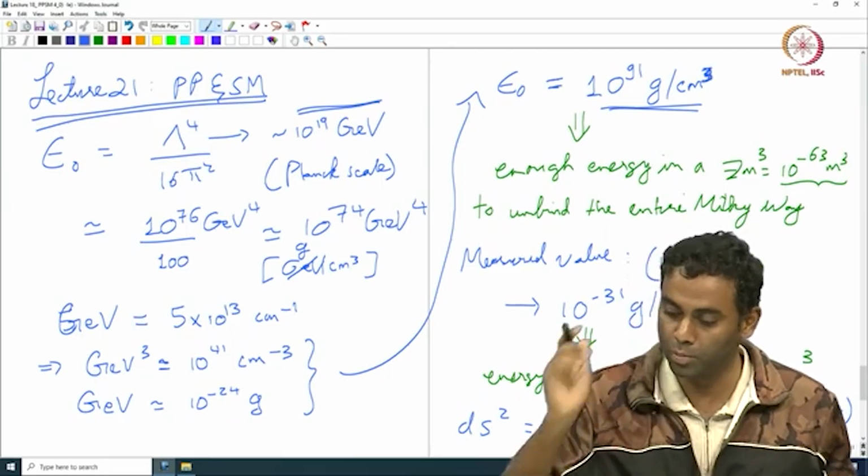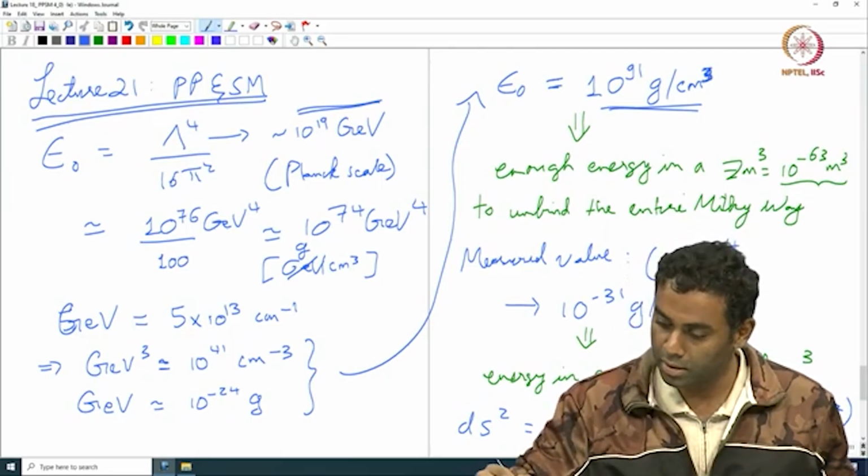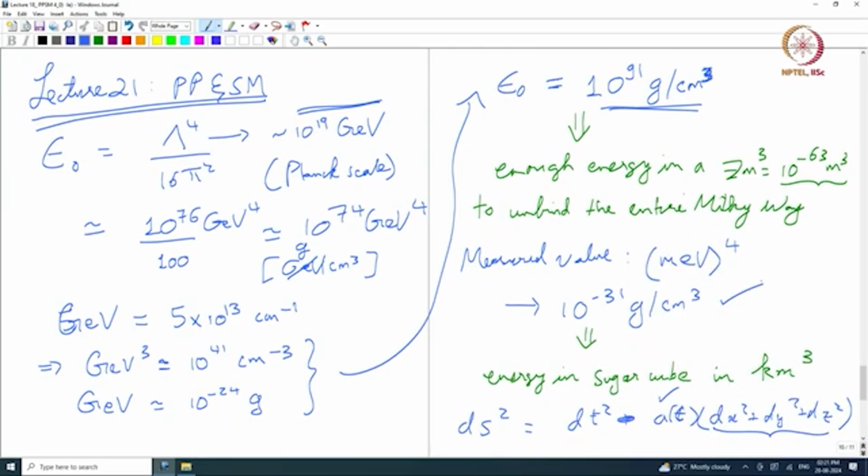The reason the universe is so big is because the zero point energy, which I can also now call the vacuum energy, is so small. Agreed? Vacuum meaning minimum, the minimum of all the field configurations that I am thinking of. So because it's so small, we can see a very large universe.